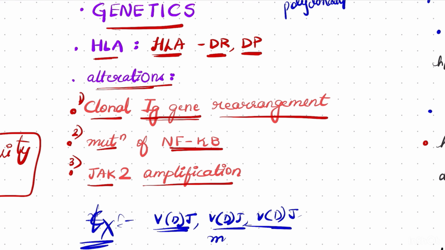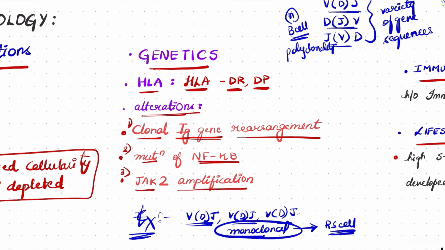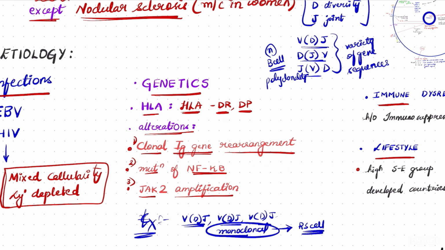That is, it becomes monoclonal. So this monoclonal pattern confirms the presence of RS cells, that is the neoplastic B cell. This is the meaning of clonal immunoglobulin gene rearrangement. It rearranges in such a way that it produces monoclonality.